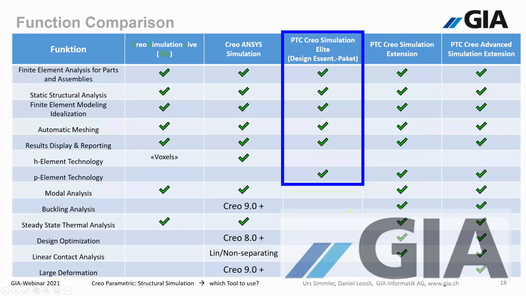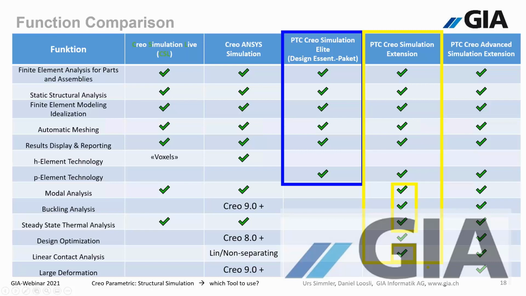Then we did some eigenvalue modal analysis with the extension. We also switched back to Elements Direct to update the geometry. Here in that extension we can do additionally modal analysis, buckling and steady state analysis, and I think also quite important here we have a linear contact.